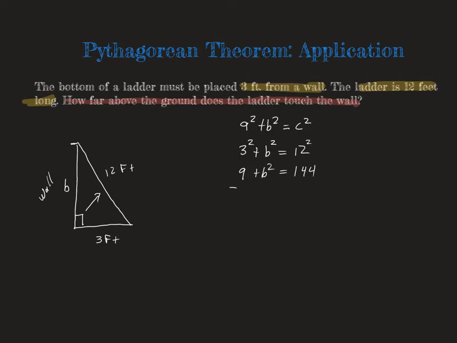I'm going to subtract 9 from both sides. In this case, we have a number that is not going to be a perfect square. So you can leave it like this, or you can also simplify using the method that we cover in lesson number 3.